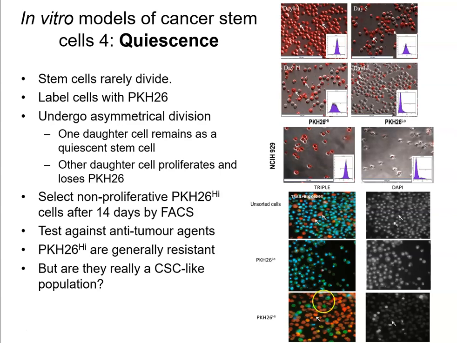So that suggests that we are pulling out our cancer stem cell-like, certainly drug resistant, certainly the cell type that induces treatment failure. We are pulling out those cells by selecting for the PKH high population. So we're fairly confident that we've got a very interesting subpopulation of cells here that is relevant to disease.